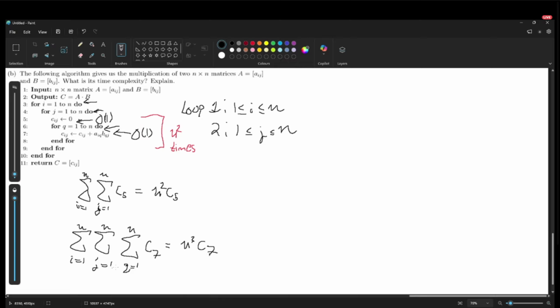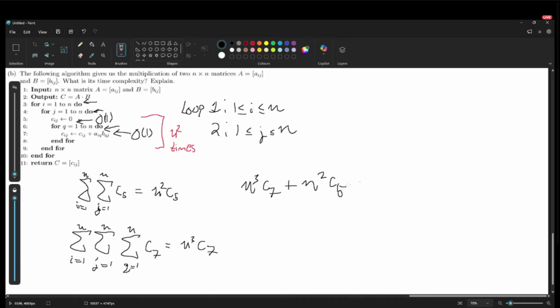Because you can take out the constant here, move it to the front, and then you know that all these loops are completely disjoint, their bounds do not overlap. So you can just multiply the total amount each one runs. So it's n times n times n, which is n cubed. And so the amount of operations this program takes is exactly equal to n cubed C7 plus n squared C5.